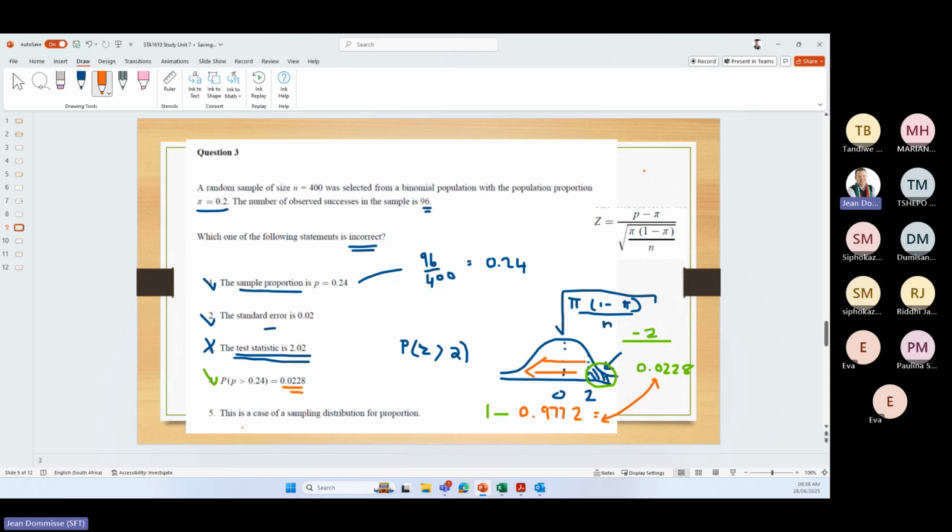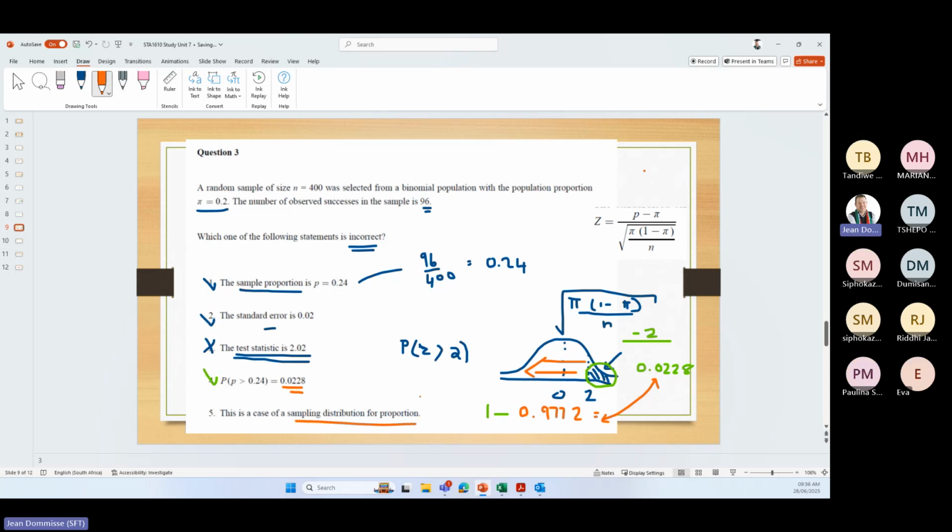And then just for last, this is a case of sampling distribution for proportion. Yes, it is. We're working with proportion. So definitely. Okay, so how did we get the test statistic?